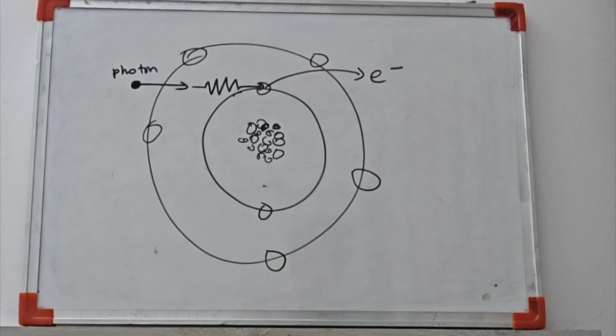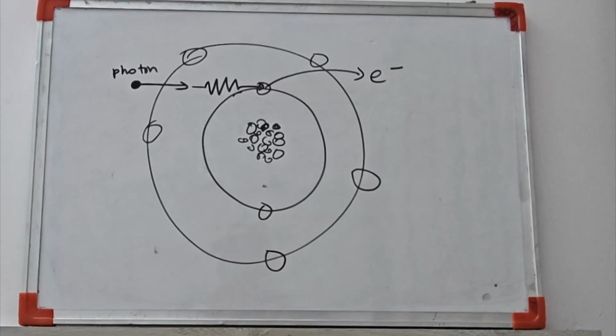As we can see, this is the atom of a metal. One question may arise: why do we choose metals and not any other material? To answer that, metals are highly conductive, so they will show more photoelectric effect, and other materials are not as conductive, so they won't show as much photoelectric effect. So to measure the most photoelectric effect, we use metals.